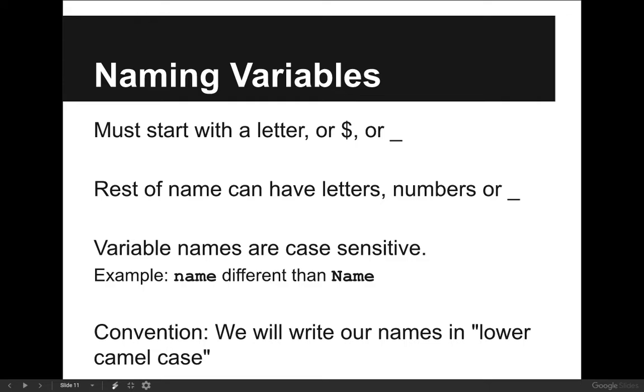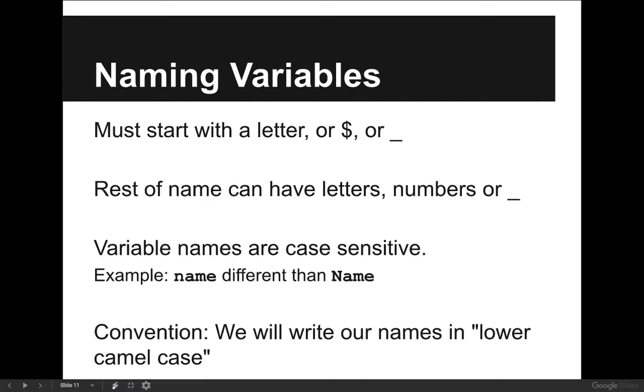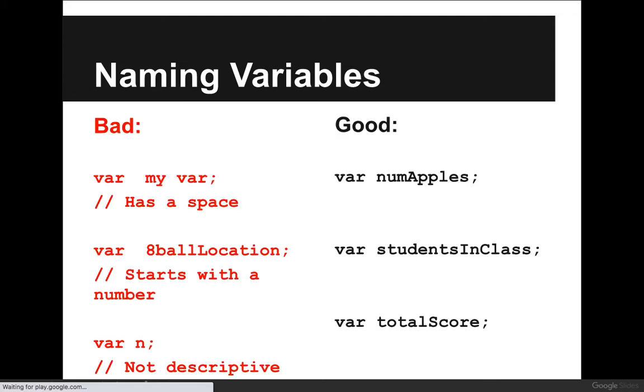What that means is that if we have multiple words such as numApples, we start with a lowercase letter, and the second word is capitalized. So num and then capital A Apples, and that just shows that you have different words put together. That is what lower camel case means.